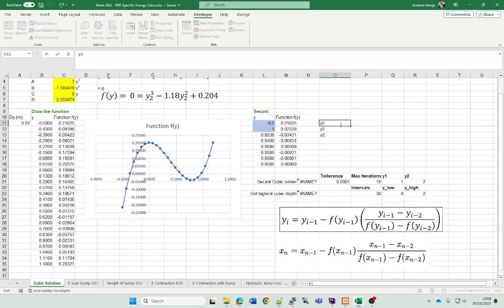I could call them y21, y22, y23. They're all solutions. Let's put that in there. 0.9586. We want to get it to converge to a different one. Say if I put a 0 in that one, that's converged to about minus 0.3, minus 0.36.